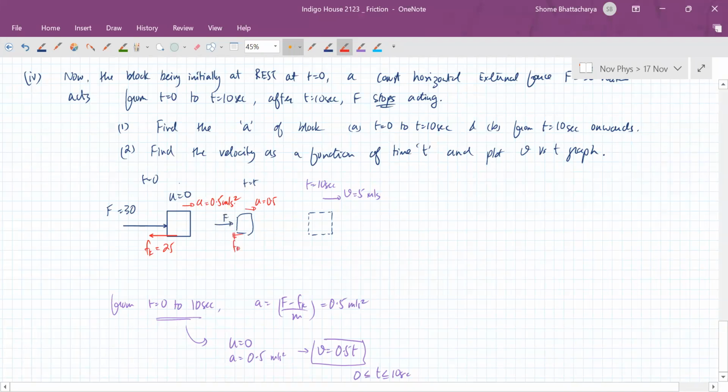Now what happens is that at this time t, we withdraw the external force. So from now onwards, it starts decelerating. So let's say it decelerates at a prime. It's not that friction will stop acting, because it's continuing to slip now.